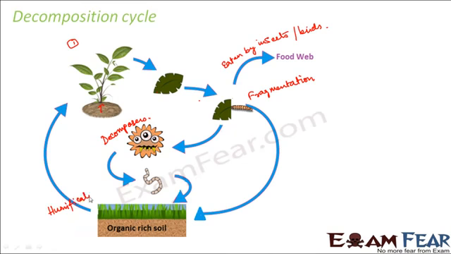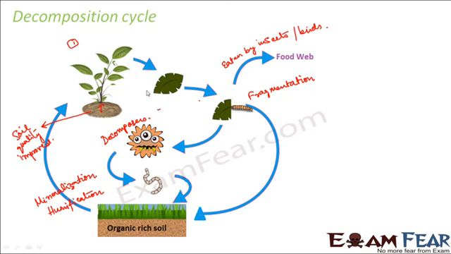In humification, humus formation will take place, and then this will be followed by mineralization, where minerals will be formed, and these minerals will again enrich the soil quality. So the soil quality will be enriched or improved, and this in turn will again help in the growth of plants. So this is like a cycle, and this cycle is known as the decomposition cycle.